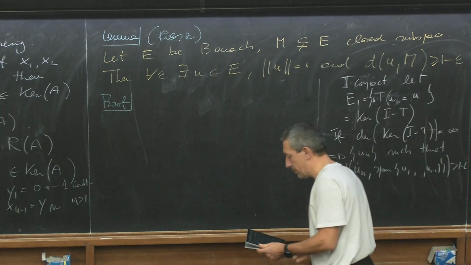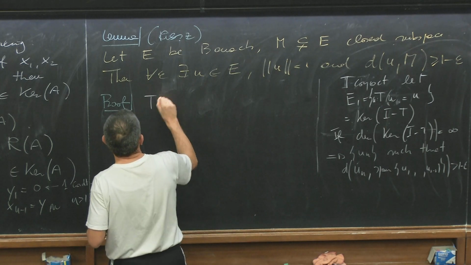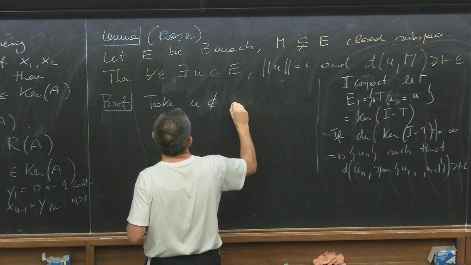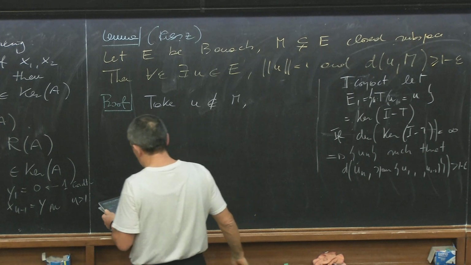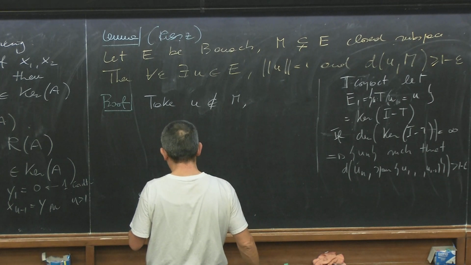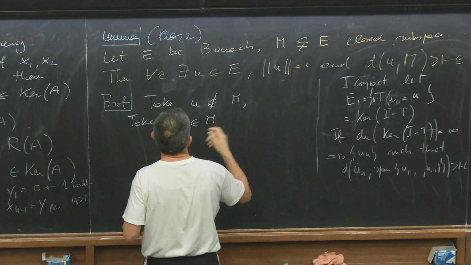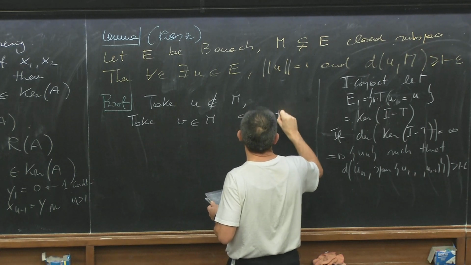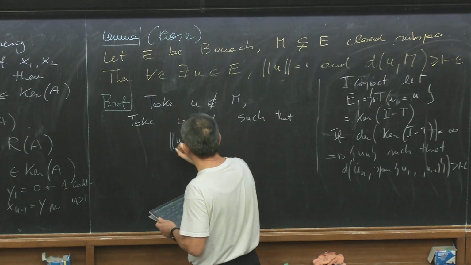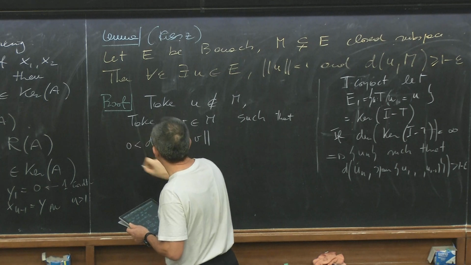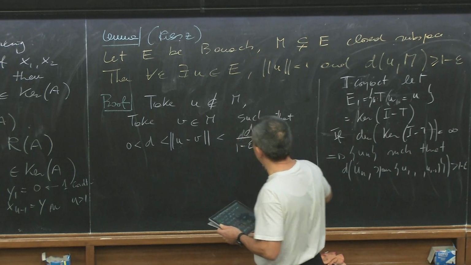So now we do the proof of this lemma. The proof is quite easy. Take U not belonging to M. Now take V in M such that this is almost the projection: the norm of U minus V is less than D over 1 minus epsilon.